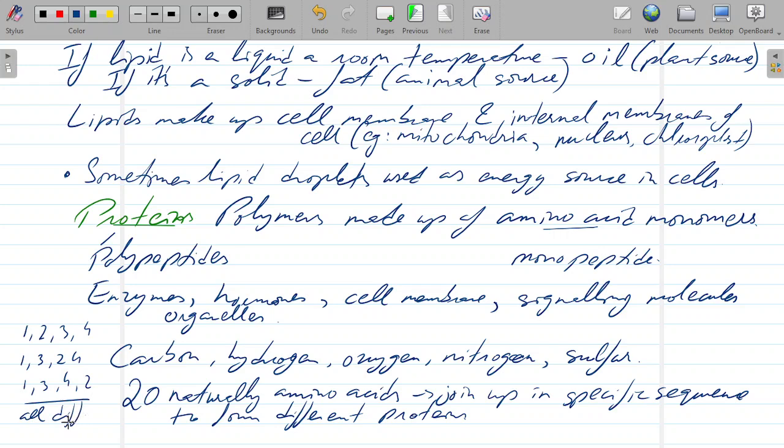So if this is a protein, then all 3 of them are different. You can't say, oh, it's the same amino acids, it's the same protein. It doesn't work that way. Any questions? Okay, so they can be small chains, they can be hundreds to thousands of monopeptides long.